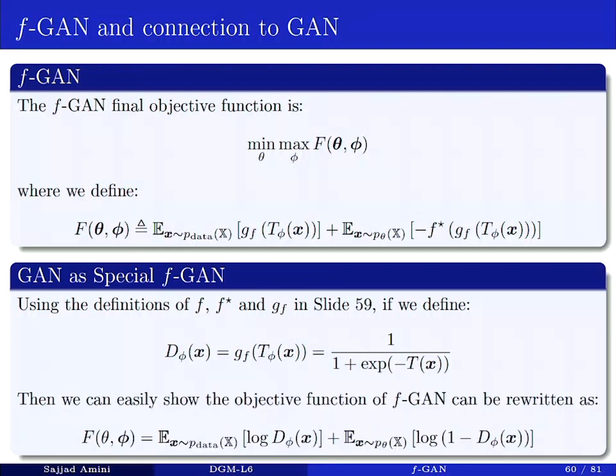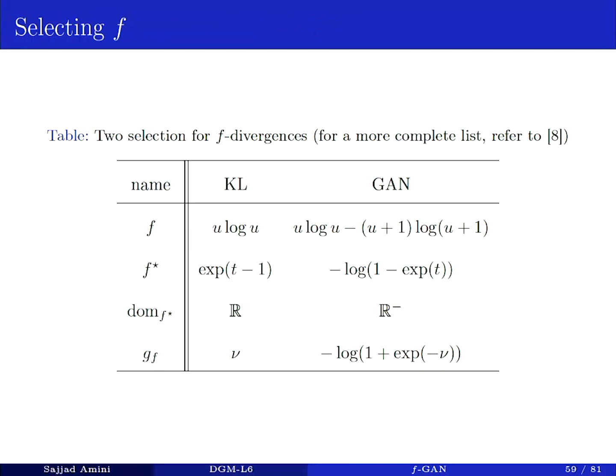And you know that 1 over 1 plus exponent is the matching part. Then you can show that the f-divergence will be simplified to our previous divergence in GAN. You replace this g f with this d phi here, and you can see that you have the previous formulation. Just use the f star from this column here.